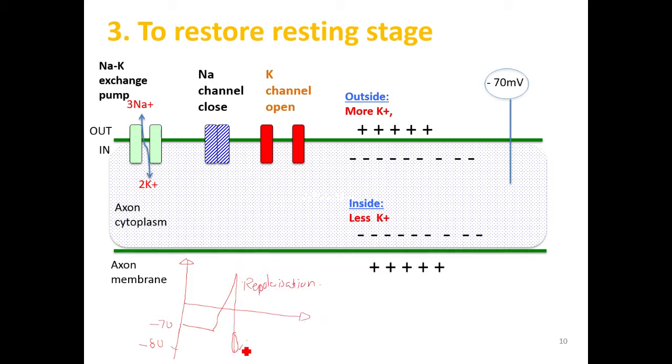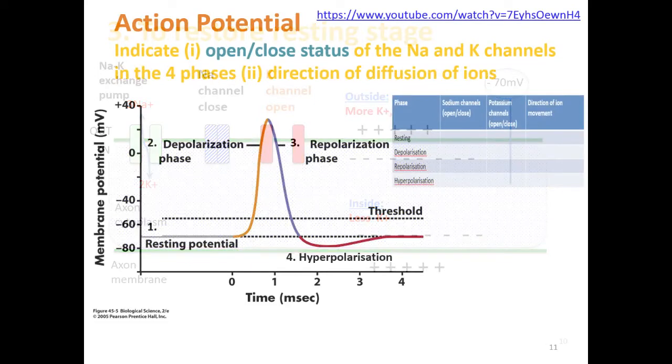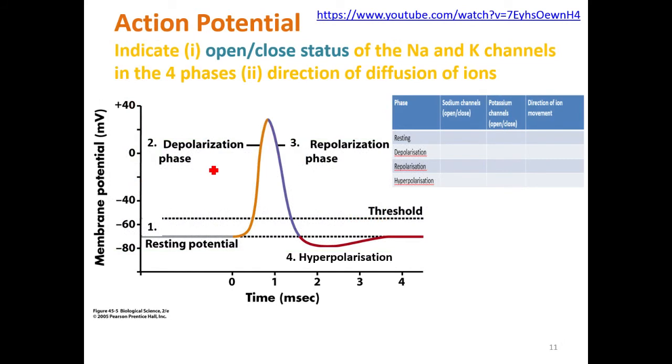Eventually, all the potassium channels will close, and thanks to the sodium-potassium pump and the leaky channels, the membrane potential will be restored to the resting value. So to summarize the action potential, depolarization is due to the opening of the sodium channels, and when sodium channels open, sodium rushes into the axon.